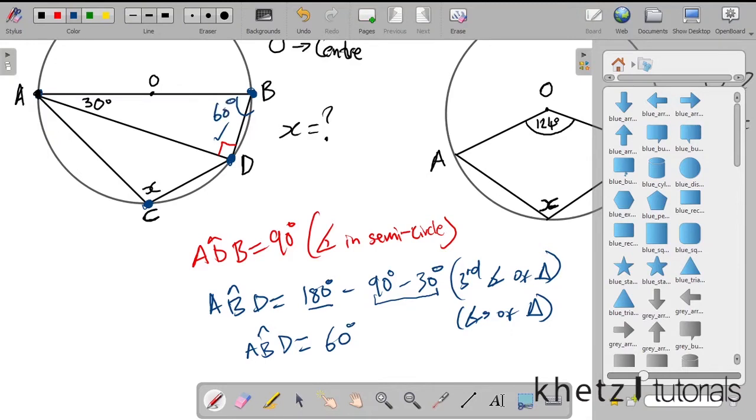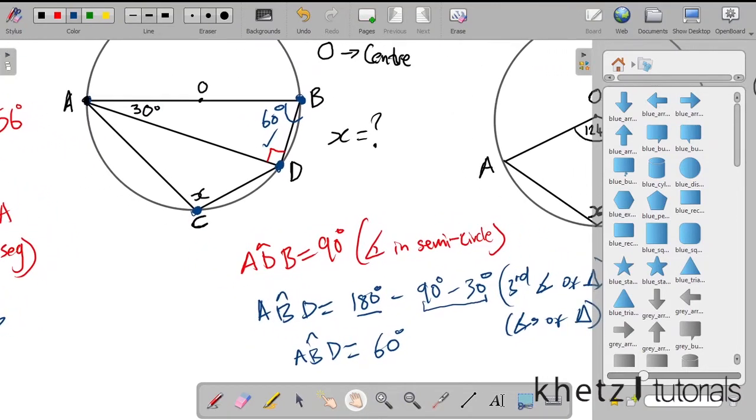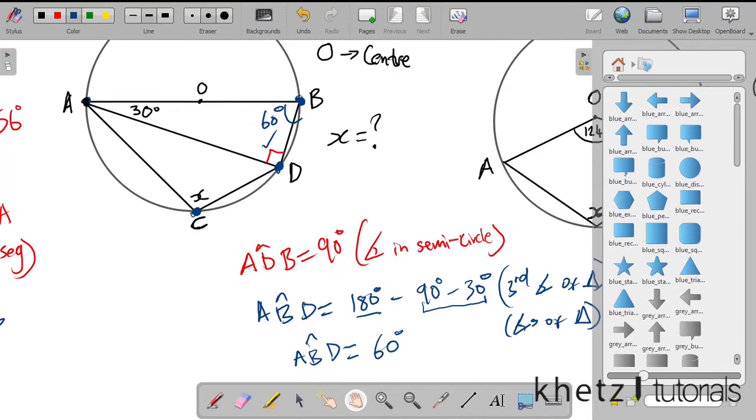Now that we have this angle, we can apply a rule which only applies to cyclic quadrilaterals, which says the opposite angles of a cyclic quadrilateral are supplementary. So this angle ABD, which we have over here, added to this angle over here, which in our case is X, they have to add up to 180 degrees. That is just a rule for cyclic quadrilaterals, so you have to know that.